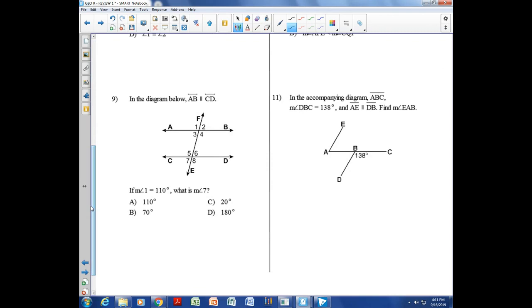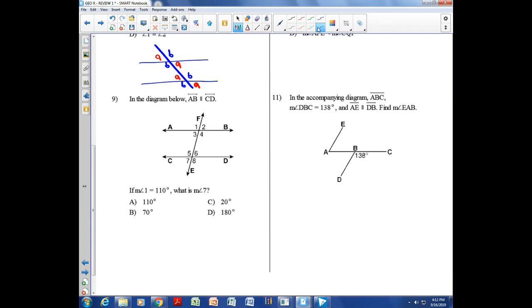Come down here to question 9, another illustration that if you know one angle, you know all of the angles. If you want, you could create a little map when you get your test and put the A and the A and the A and the A, and then put the B and the B and the B and the B. And remember, if you have two angles that are in the A position, they're going to be equal to each other.